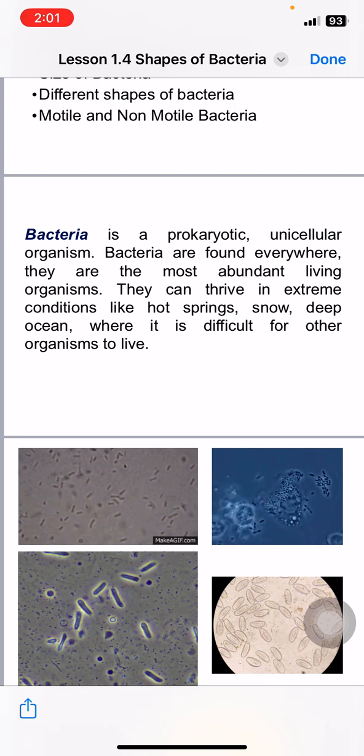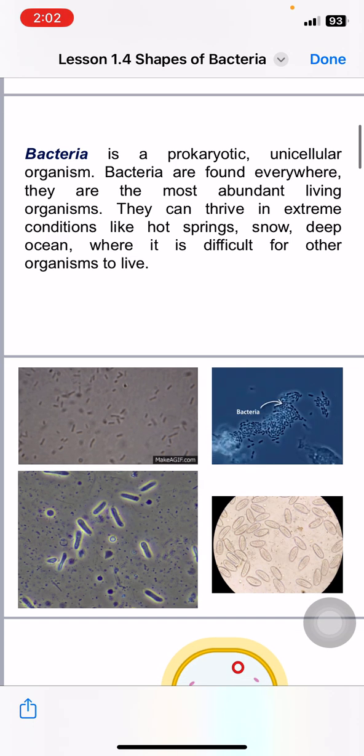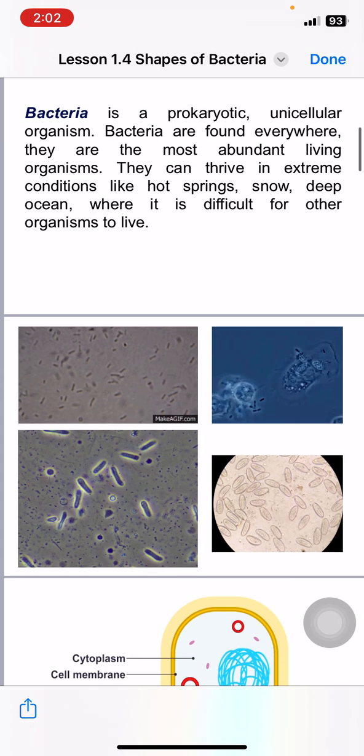We can also find bacteria in extreme areas. What are those extreme areas? We have hot springs, snow, deep ocean, or those difficult areas where a normal organism cannot live, but bacteria can live. So that is the definition of bacteria.